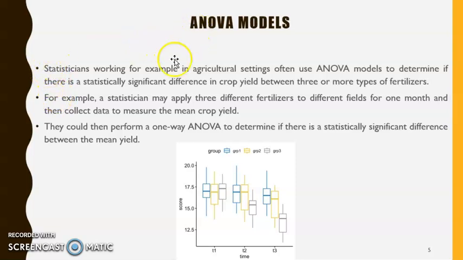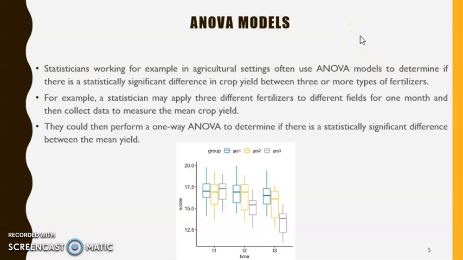ANOVA is analysis of variance. Statisticians working, for example, in an agriculture setting often use ANOVA models to determine if there is a statistically significant difference in crop yield between three or more types of fertilizer.